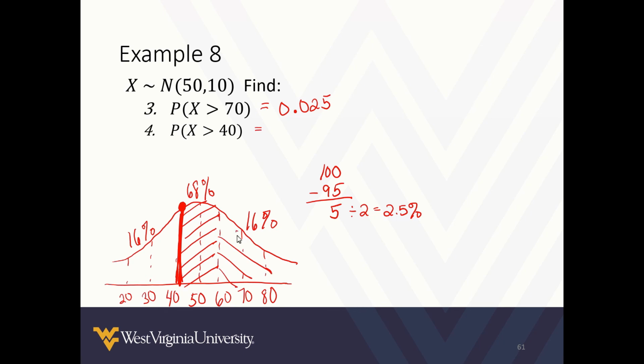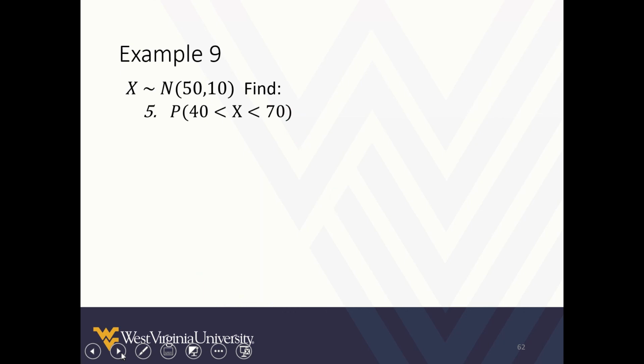So in order to find the probability of x being greater than 40, we would add the 68% plus the 16%. And once again, the probability of x greater than 40 is 0.84. Still not bad, right?